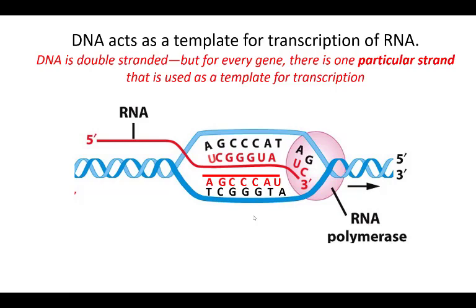It would have a different RNA sequence, and that RNA sequence would code for completely different amino acids if it was a protein coding gene. And so if you're making a particular gene, it's really only one of the strands that is ever used to make that particular RNA.